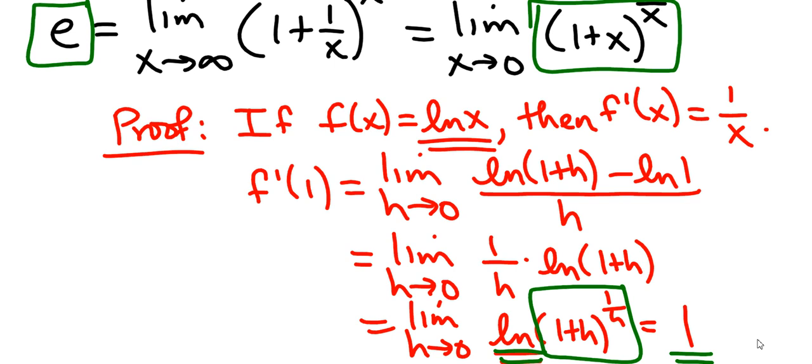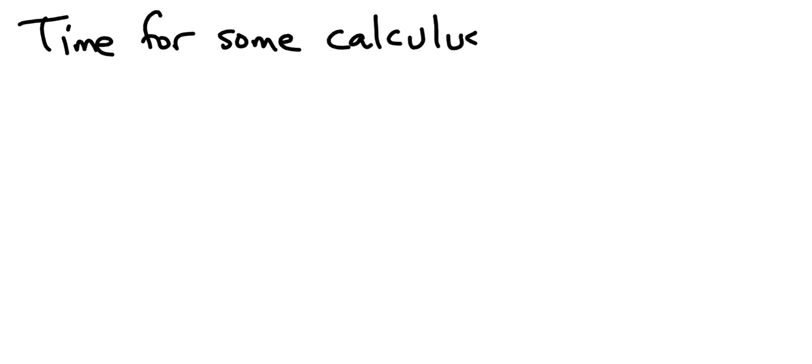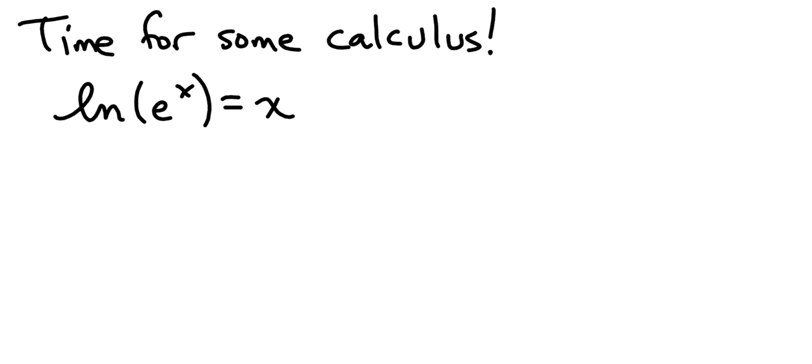So, time for a little bit of calculus. It is true that the natural log of e to the x is x. That is true. And since that is true, the derivatives on both sides have to be equal.